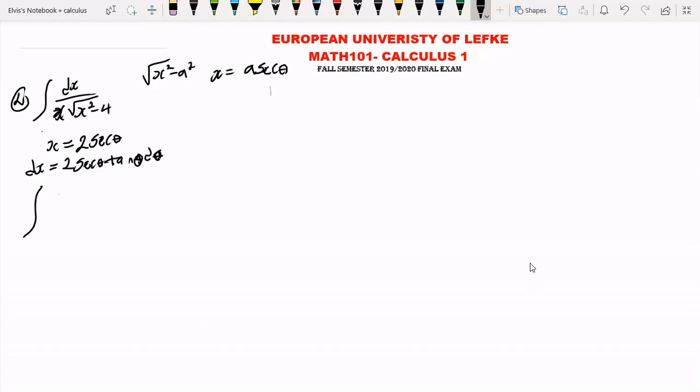Now we know that this can also be written as 1 over, what is s? S is 2 secant theta, right? So this is going to be 2 secant theta, then multiplied by the square root of s squared minus 4. What is s? S is 2 secant theta, so s squared is going to be 4 secant squared theta, then minus 4.